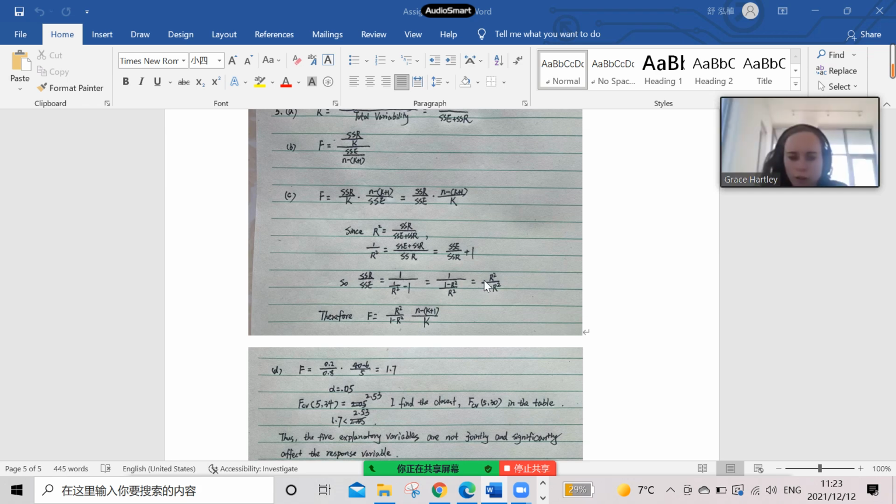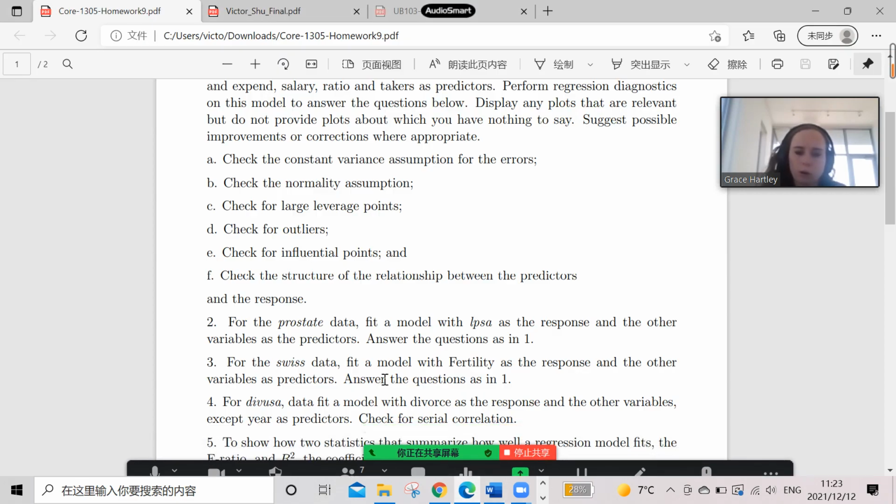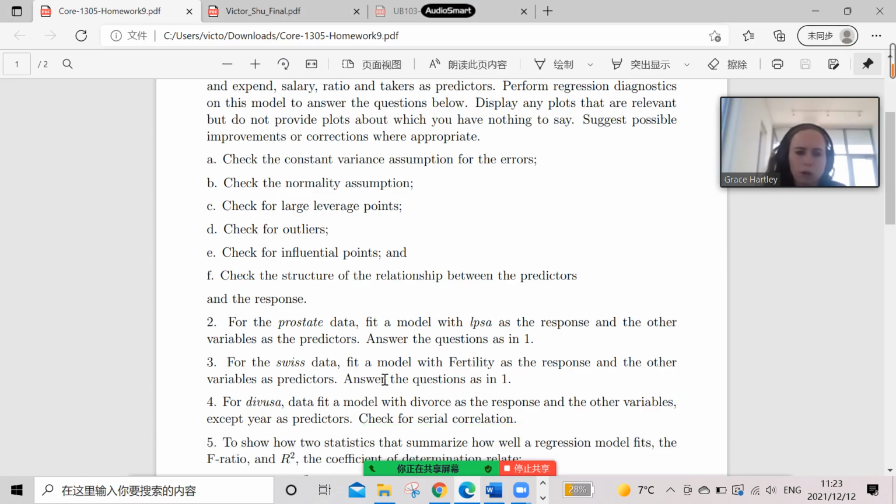Victor, kind of a specific question. I'm struggling to understand the difference between leverage points and influential points. I thought influential points were basically what influences the slope of the regression, but then I don't know what leverage points are. I can't memorize it correctly either.